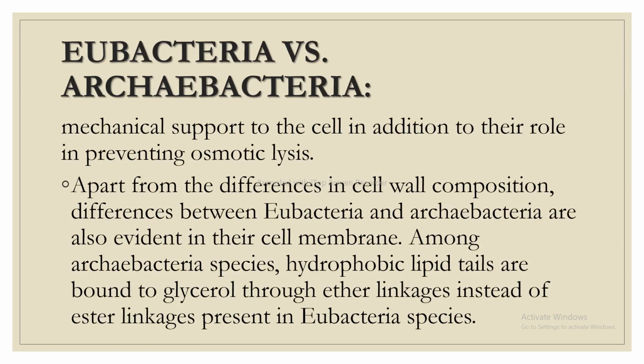Apart from the differences in the cell wall composition, differences between Eubacteria and Archaebacteria are also evident in their cell membrane. Among Archaebacteria species, the hydrophobic lipid tails are bound to the glycerol through ether linkages, instead of the ester linkages present in the Eubacteria species.